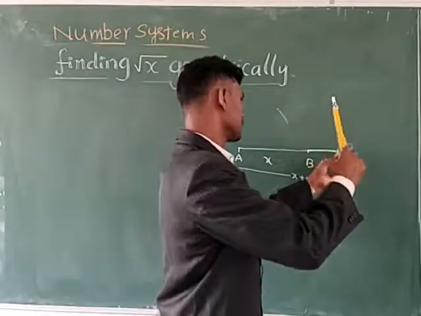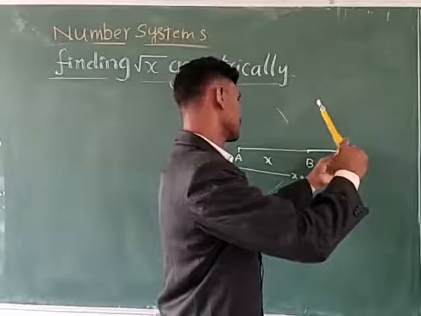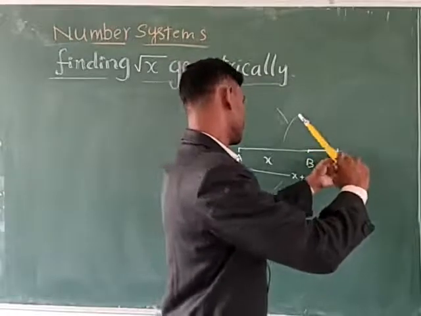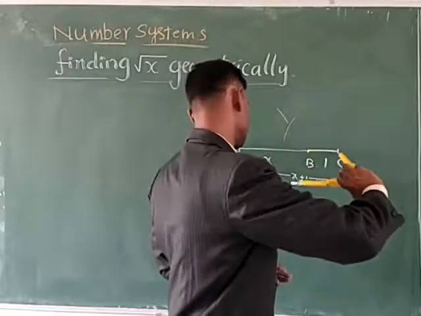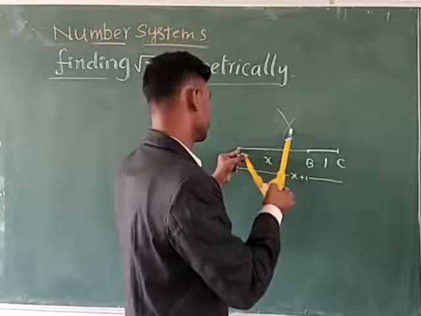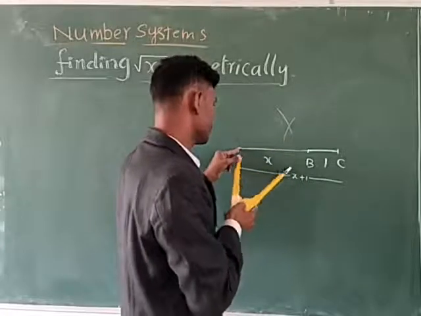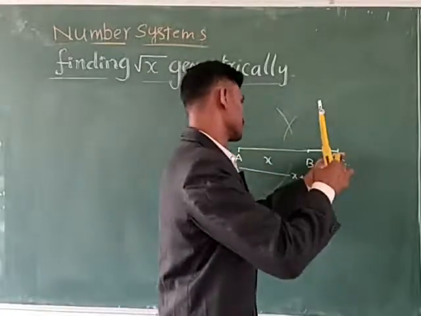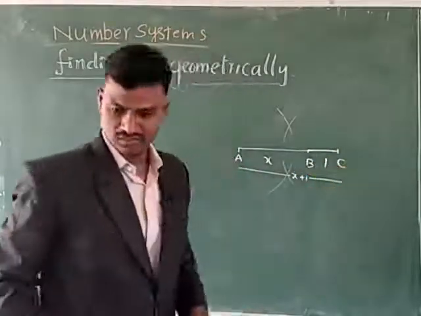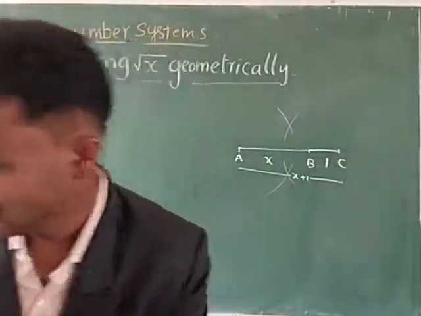From C also the same, draw one more arc, and down also one more arc. If they do not intersect, extend them. Where these two arcs intersect, you have to join with the help of the scale.